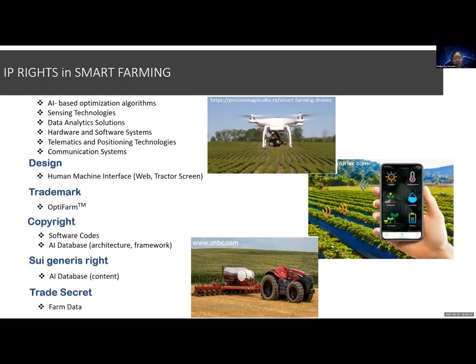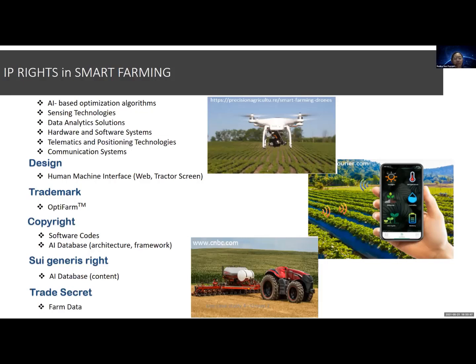Then we can also have copyrights. Software codes in farming applications and systems are copyrightable. Also the artificial intelligence database, including its architecture and framework. Then the contents of the artificial intelligence database can also be protected under sui generis right. And of course, we can also have trade secrets.